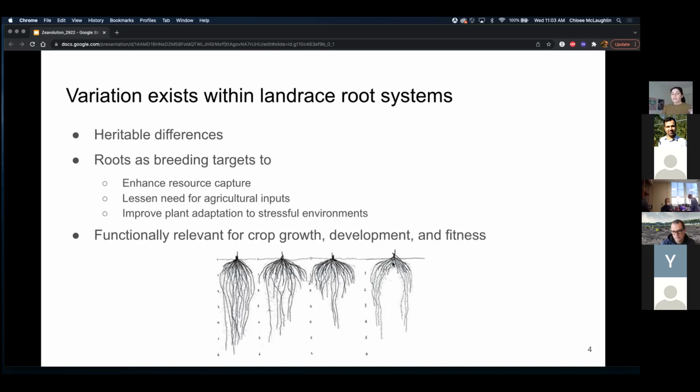And more shallow roots may be adaptive for low phosphate soils, where inorganic phosphate is limiting and the plant can better forage in the upper levels of the soil column.